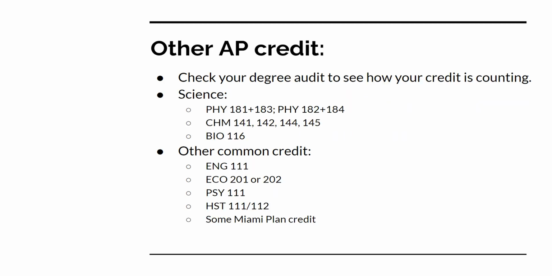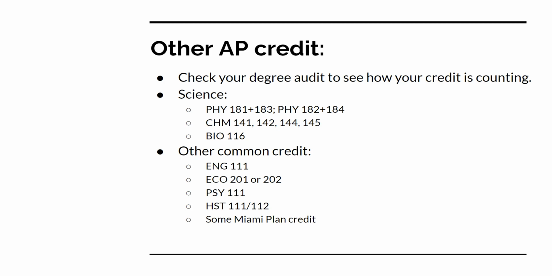Some other AP credit you may have, you can check your DAR or degree audit to see what your credit is counting towards. For science, if you took AP Physics, it could count for your Physics 181 plus 183, and if you received a 3, 4, or 5, it could also count for your Physics 182 and 184, which is basically Physics 2.